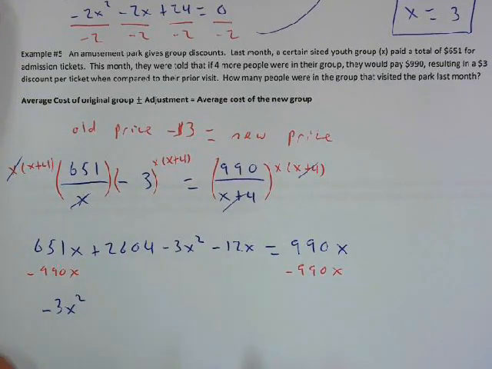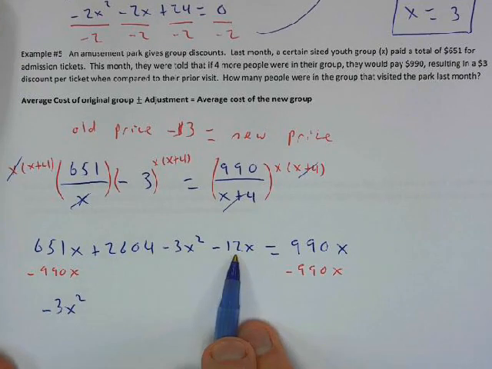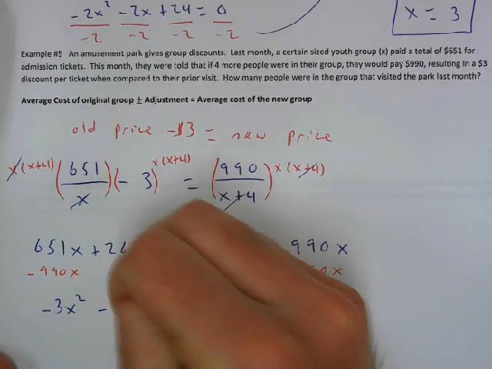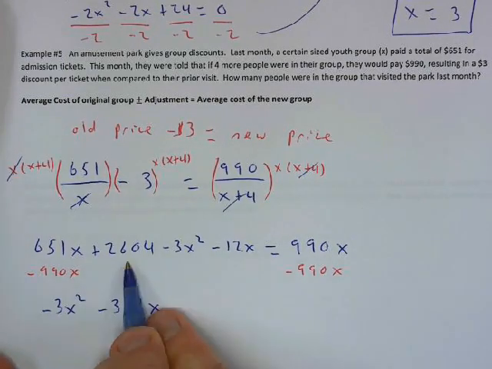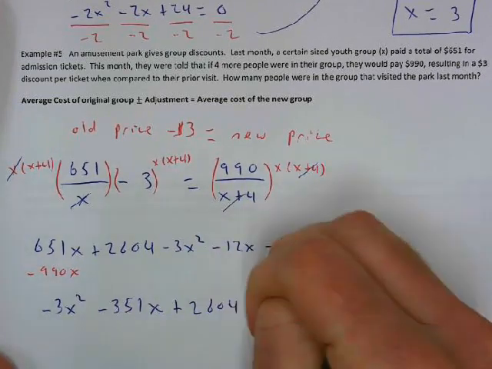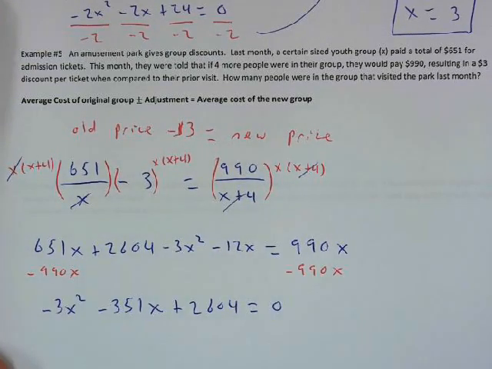And then we've got these x terms, minus 12x, and when we combine like terms, we get negative 351x. And then this is my only number, so plus 2,604 equals 0. Okay, so we've got some big numbers.